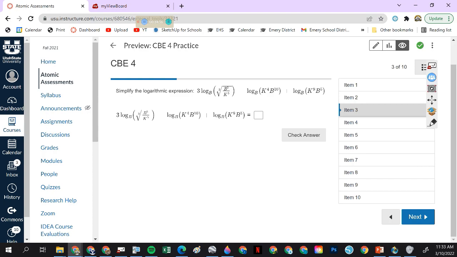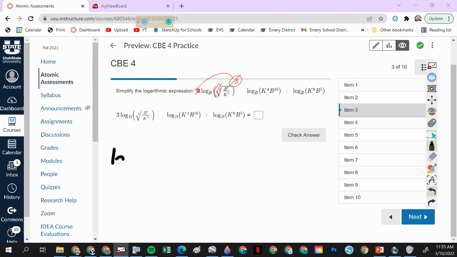So, simplify the logarithmic expression. I need to put this 3 up there. What does a third power and a third root do? They cancel. So a third root and a third power cancel. That's handy. Okay. They're all log base b, right? So we can squish them together.